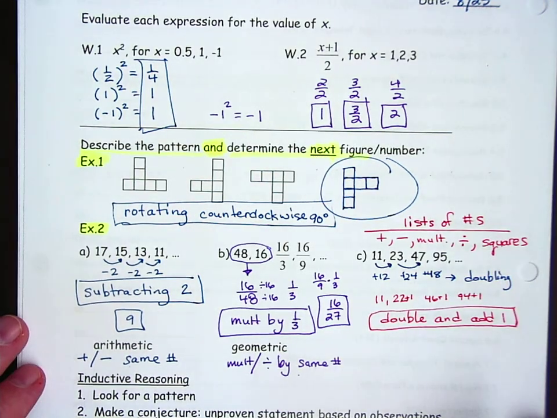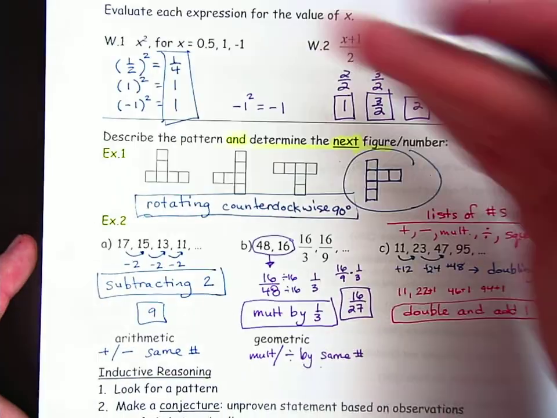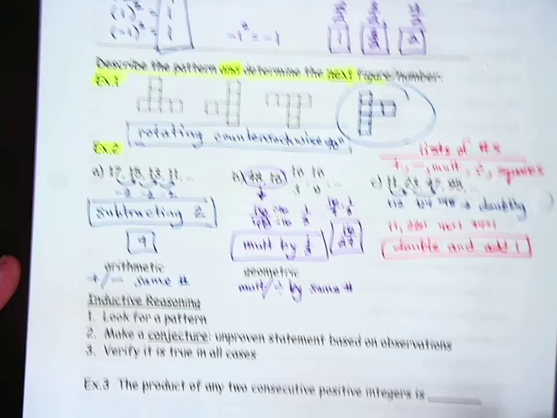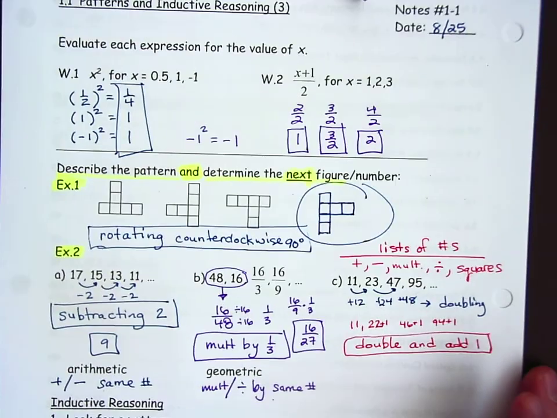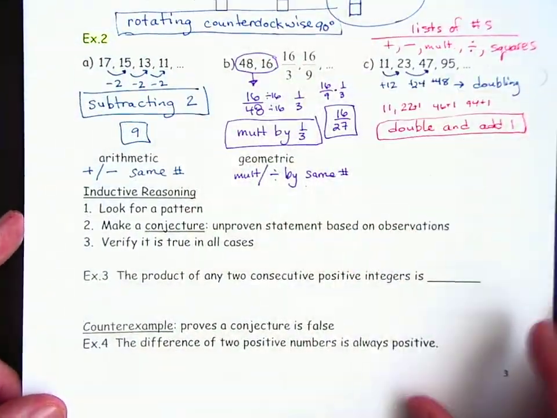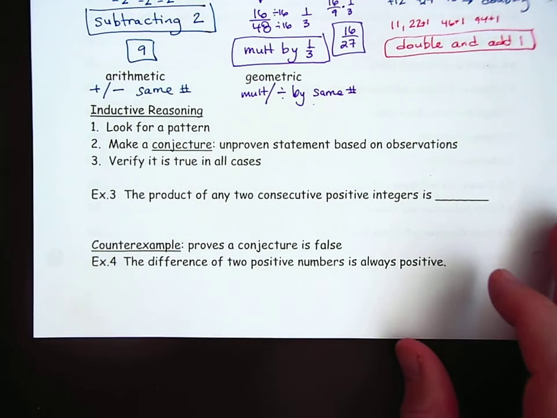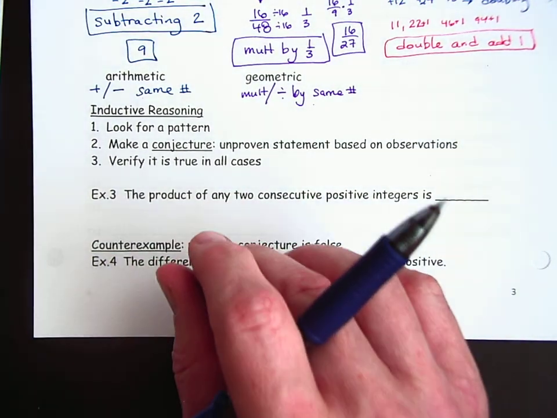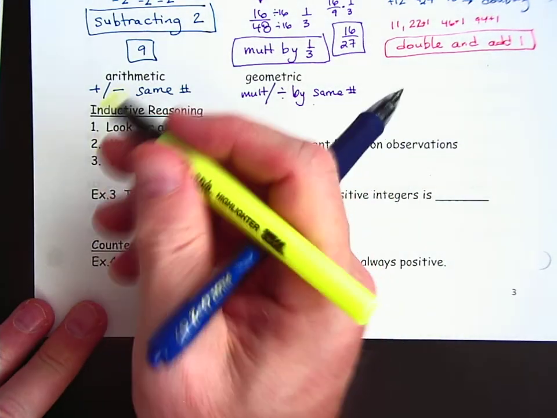Okay, moving on to inductive reasoning. A big part of the lesson was patterns, and now we're going to talk about inductive reasoning. In inductive reasoning, you look for a pattern, and in the past that has shown up on some different tests.